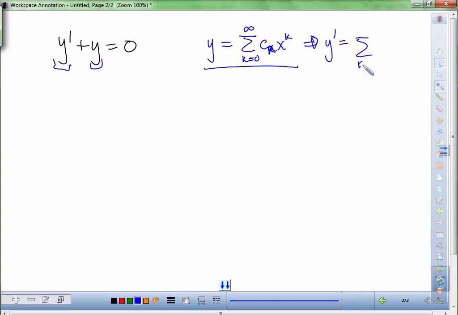When we take a derivative of a series, because a series is just a sum of a bunch of terms, differentiation is term by term differentiation. So we just take the derivative of each term, and then wrap it back up together into this symbol. So using the summation, if we take the derivative of this, c_k is a constant, and we have another k, x to the k minus 1.